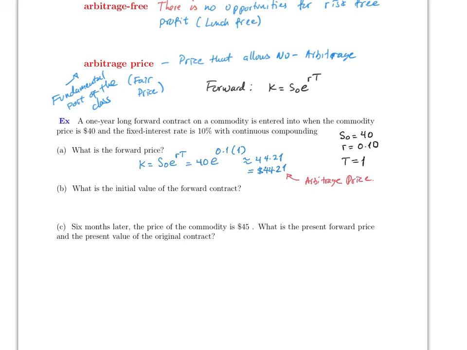Okay. That is it. What is the initial value of the forward? Remember, the initial value is 0. Why? Because there is no premium to get into the contract.